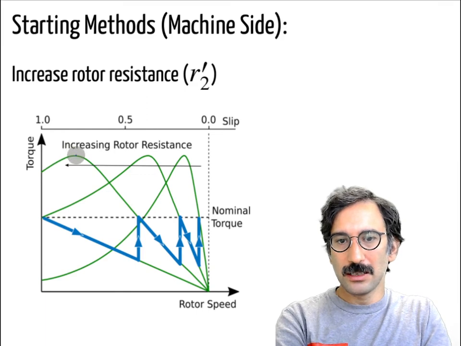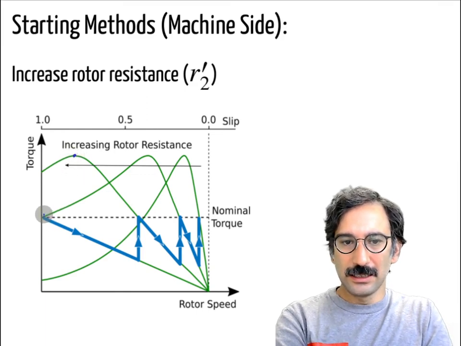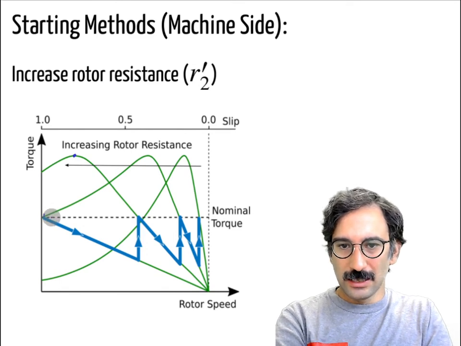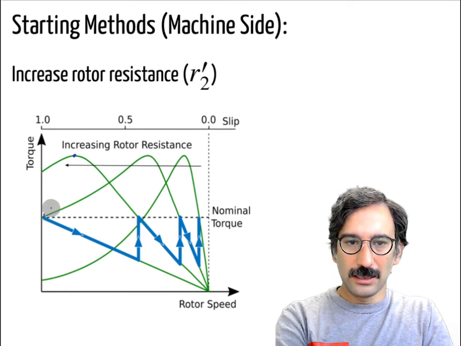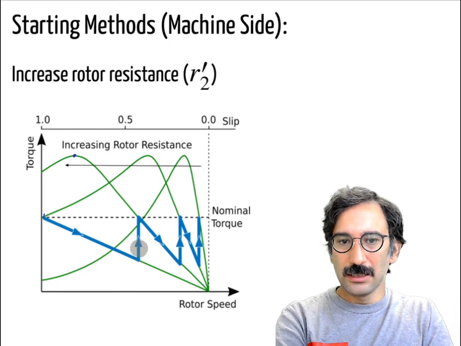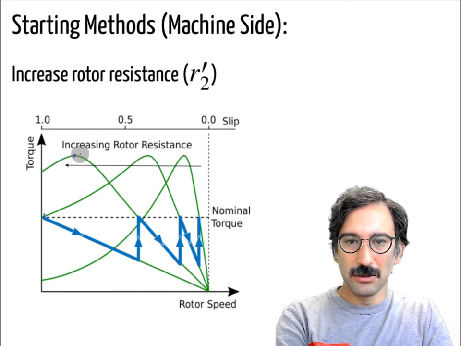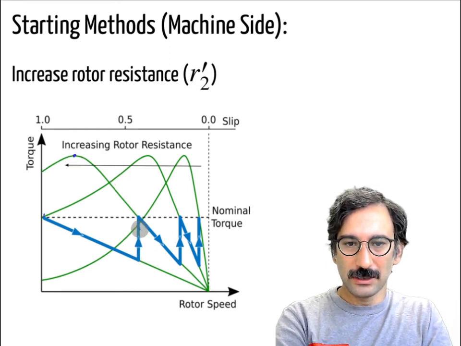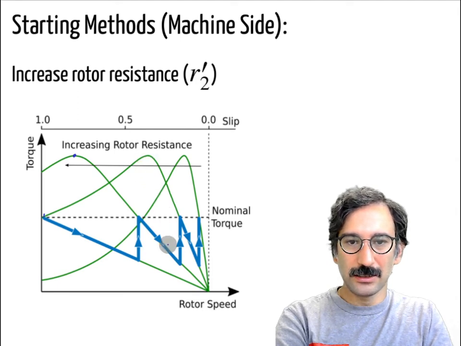So you can start your motor with a resistance like that, and here it generates a high torque, then it will come down, then you will switch to a lower resistance, then it will jump onto this torque characteristic, then it will come down, so then you will change it to another rotor resistance, so it will accelerate in a much quicker way.